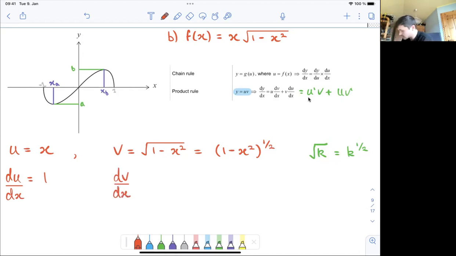Essentially, the rule or formula that you're given in your formula booklet can sometimes lead to some confusion. What it's saying is that if y is equal to g of u, where u is its own function of x, then dy/dx is equal to dy/du times du/dx.